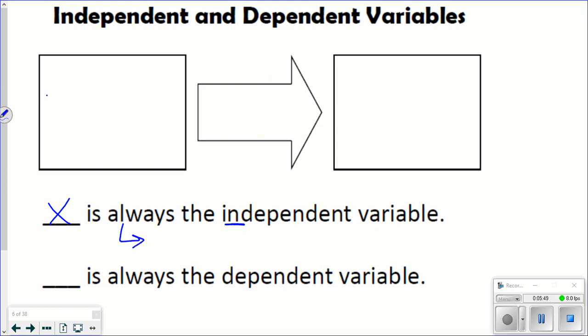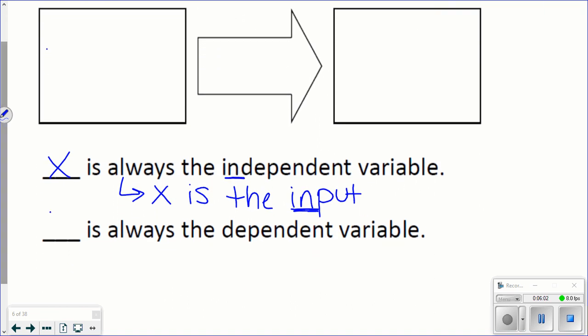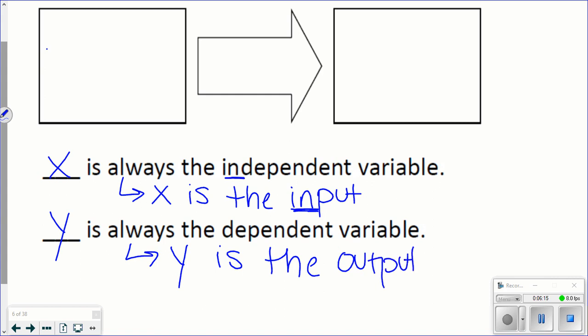Remember, X is the input. Y is always your dependent variable. And remember, Y is the output. So this goes along with what we learned in activity 5.